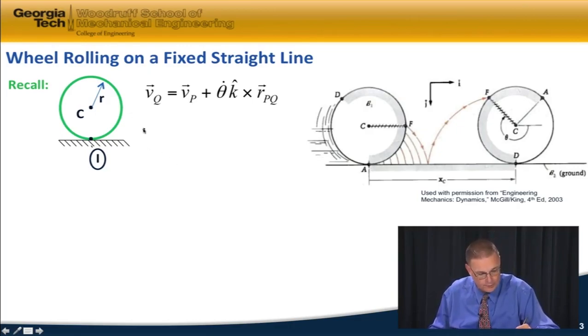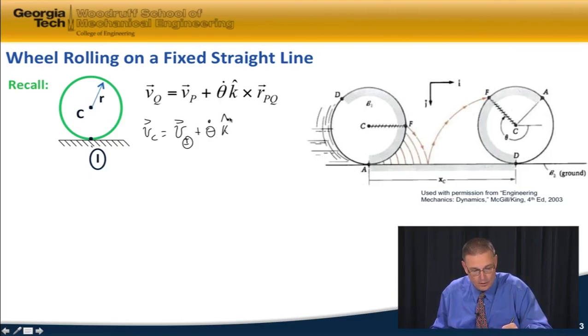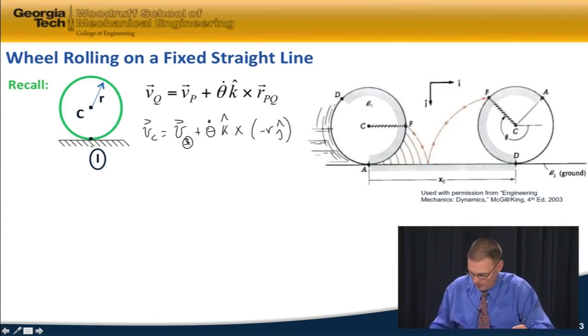We've got the velocity of C is equal to the velocity of the known point of contact, or the IC, plus theta dot K crossed with R from the point of contact up to C, which is a distance R, and it's going to be in the minus J direction. So this is going to be minus R times J. And this we said was equal to 0.